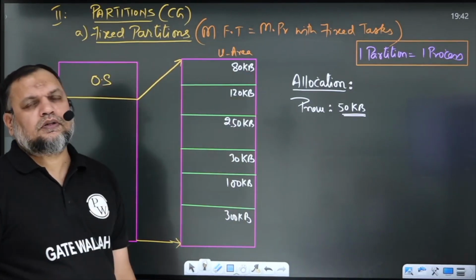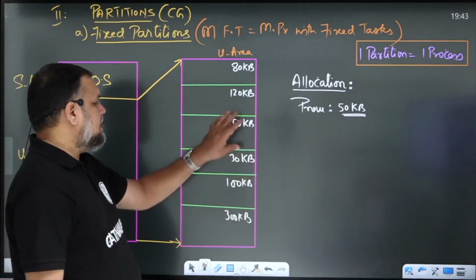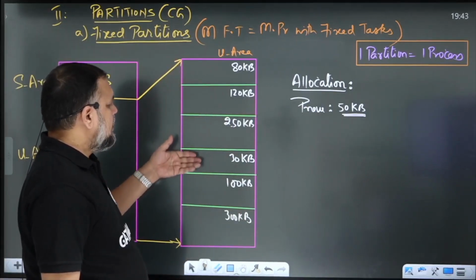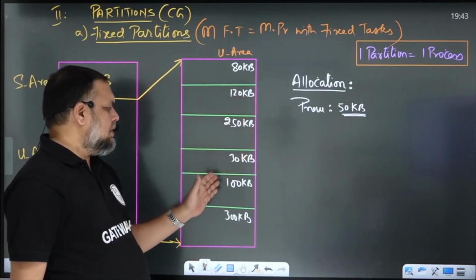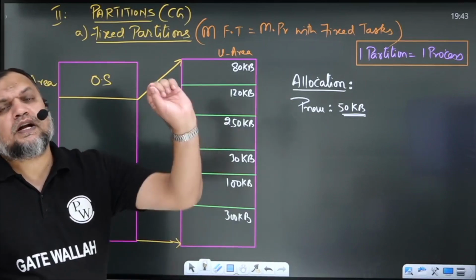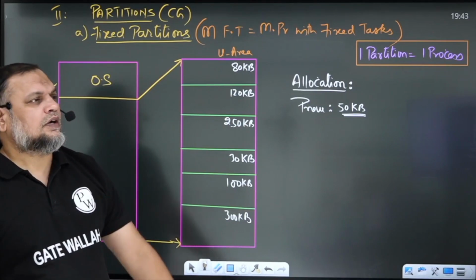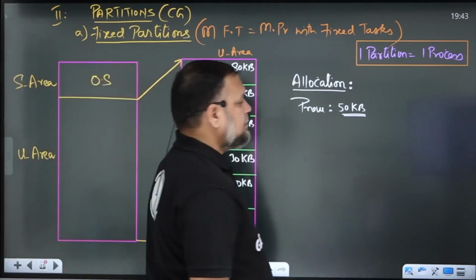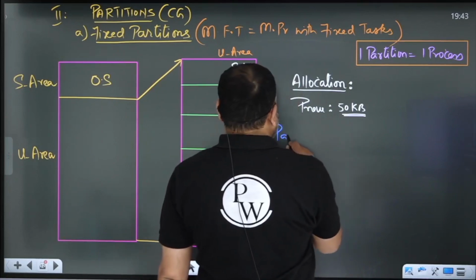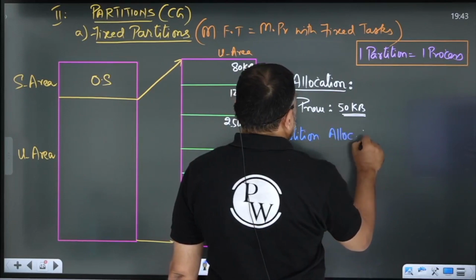There may be many eligible partitions where I can load this program. Maybe I can load here, here, or here. A 30 KB partition I cannot use. So among all the free partitions, which partition are we going to load this program into? That is decided by partition allocation policies.